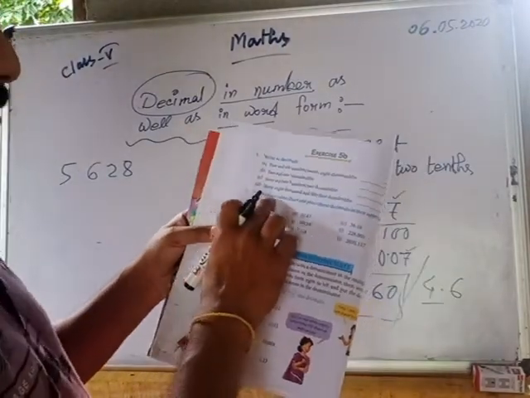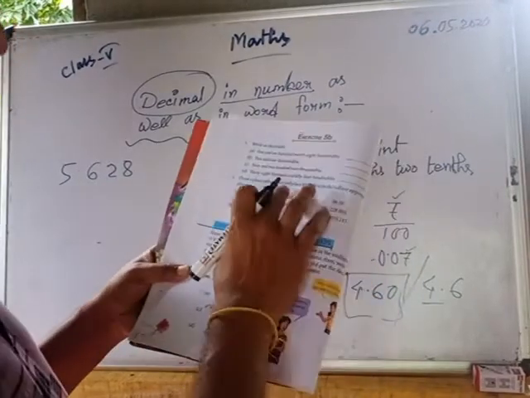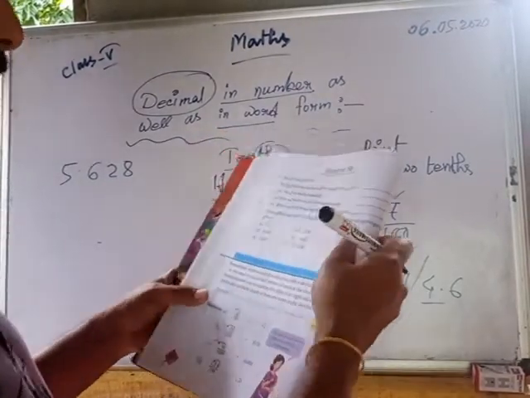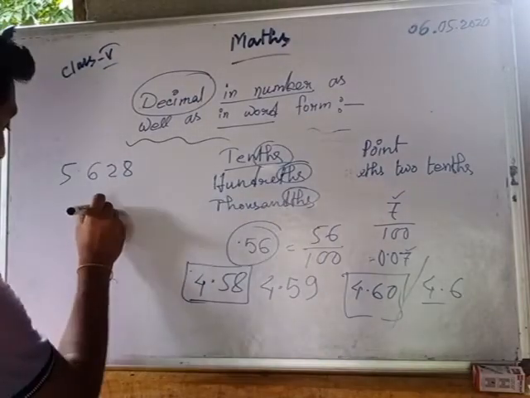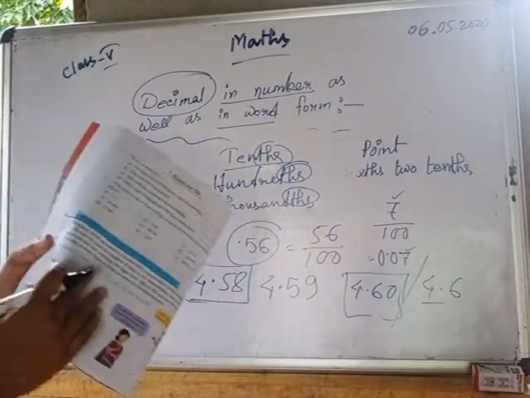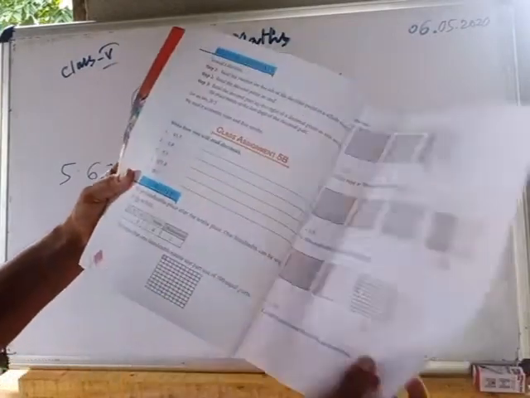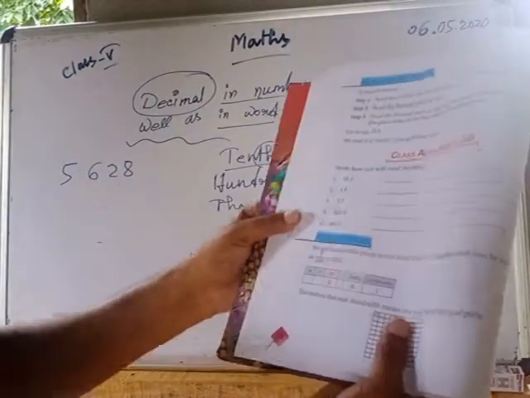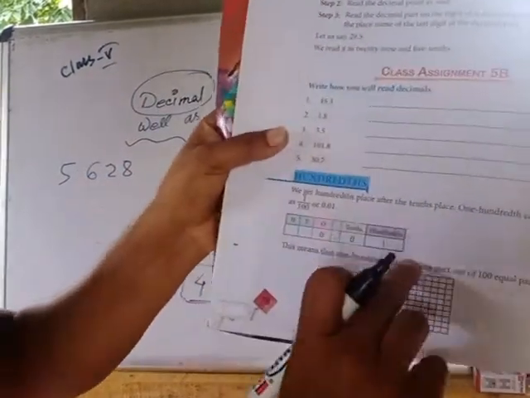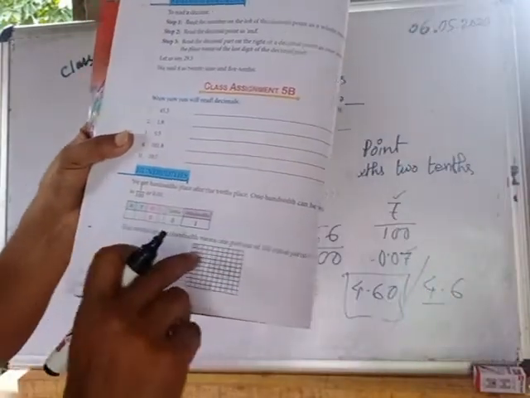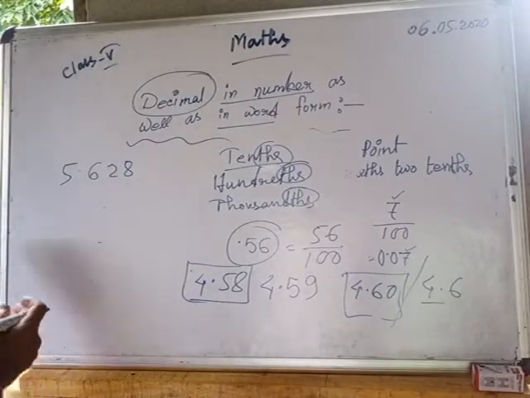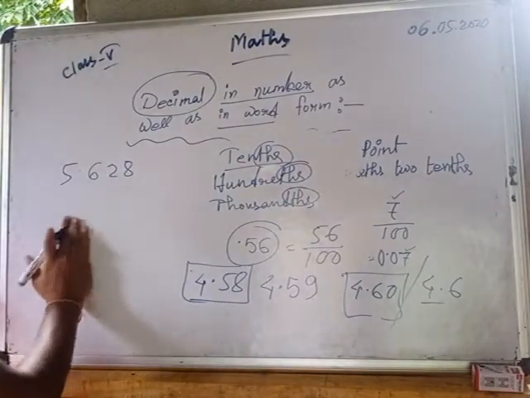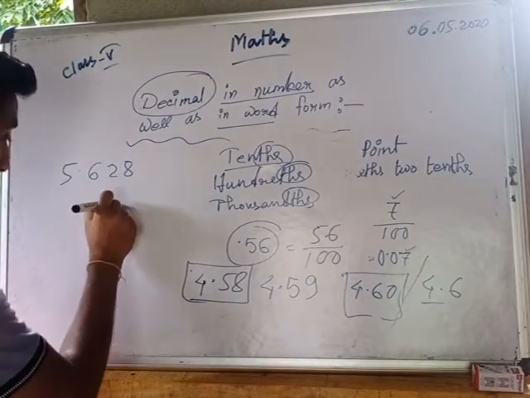After that, draw a place value chart and place these decimals in their appropriate places. That means point, write like this. At first you should make a chart. After that we should place the digits in the place value. Point.